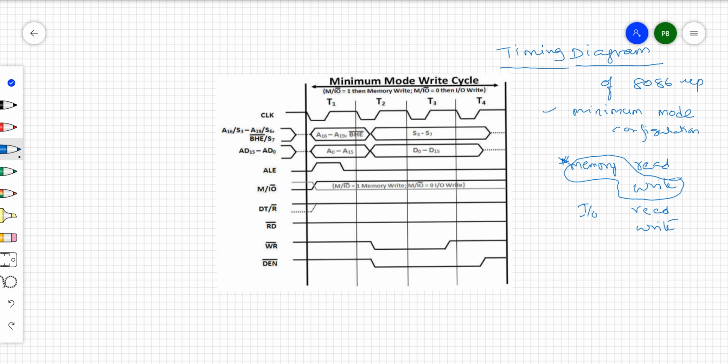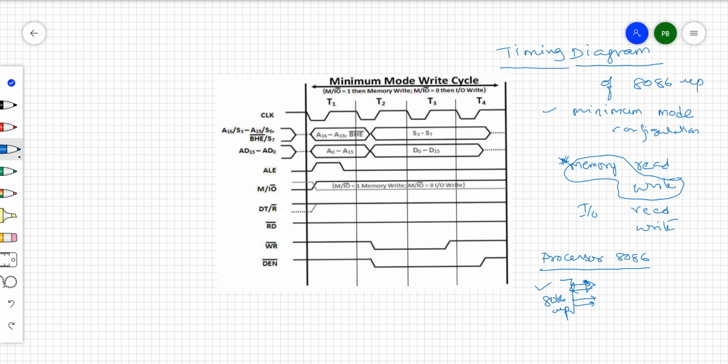While doing the memory write operation, how does the 8086 processor make these signals come out of the microprocessor? All the pins are there: address pins, data pins, control pins.